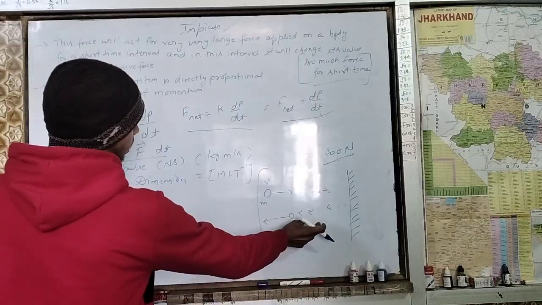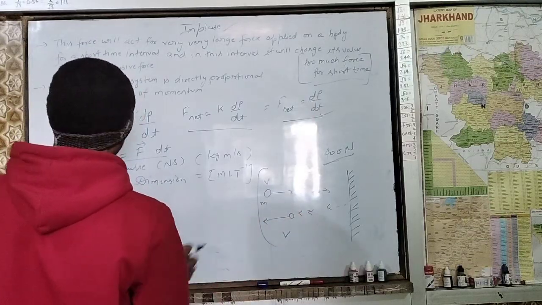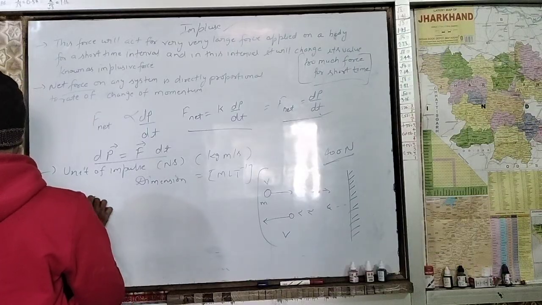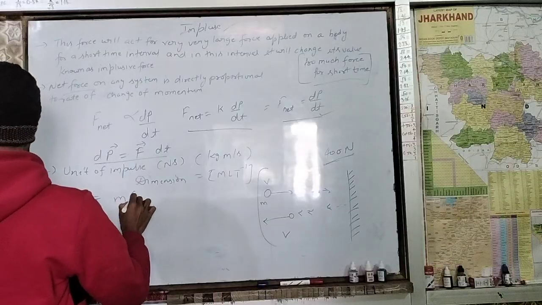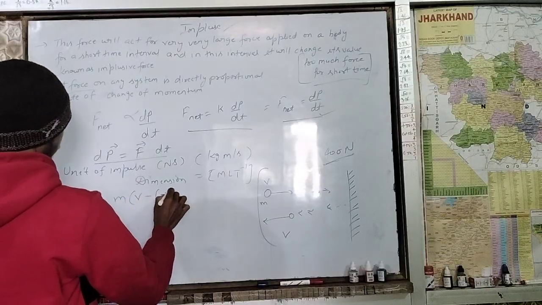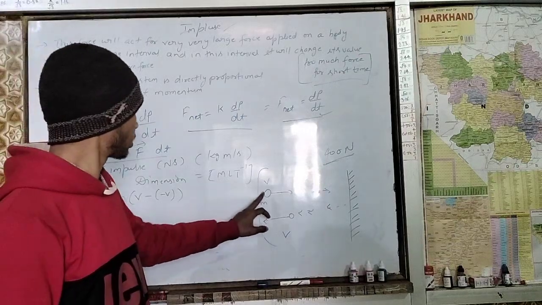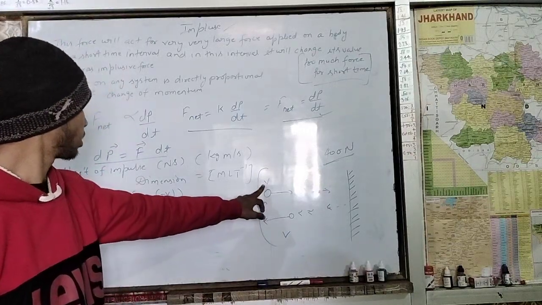Of course, in this direction the velocity will be less than the initial. So delta p will be equal to m v minus, again, v. Try to understand: this is the mass of the body, and v is this v.